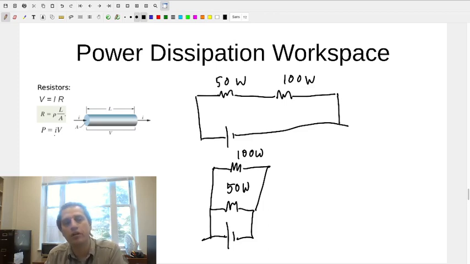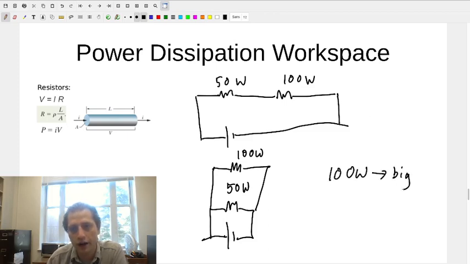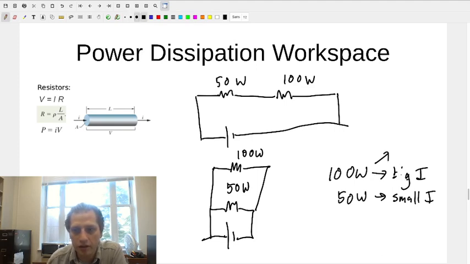So 100 watts typically would go with a bigger I, and 50 watts would go with a smaller I. But if I have a big current, that means you have a small resistance. If you have a small current, that means you have a bigger resistance.